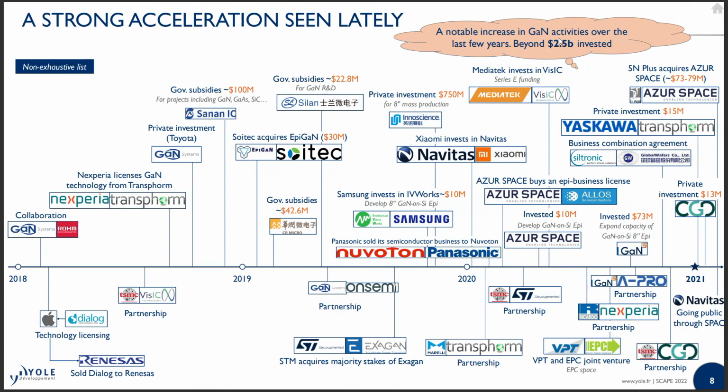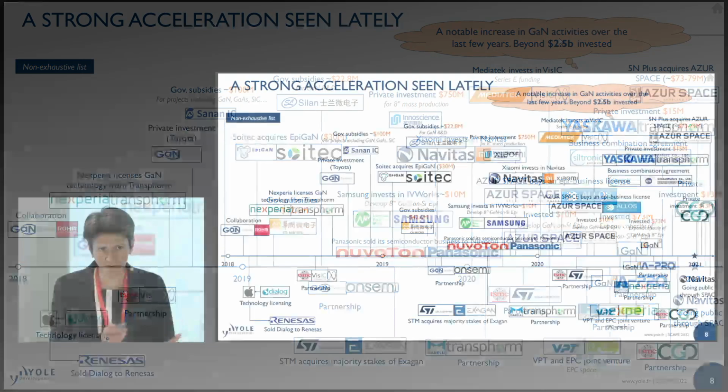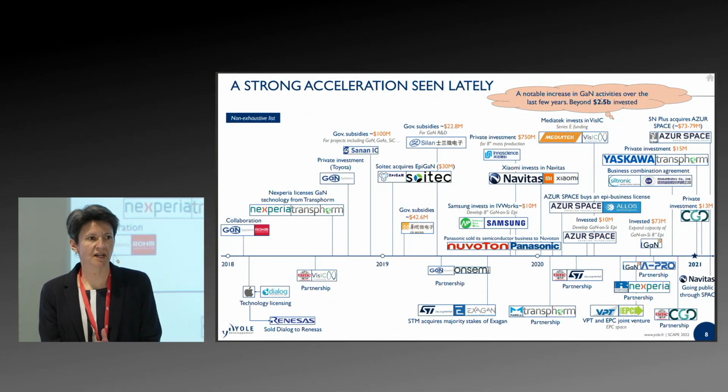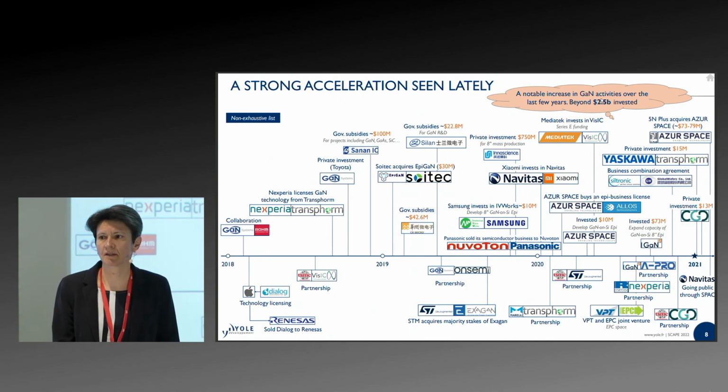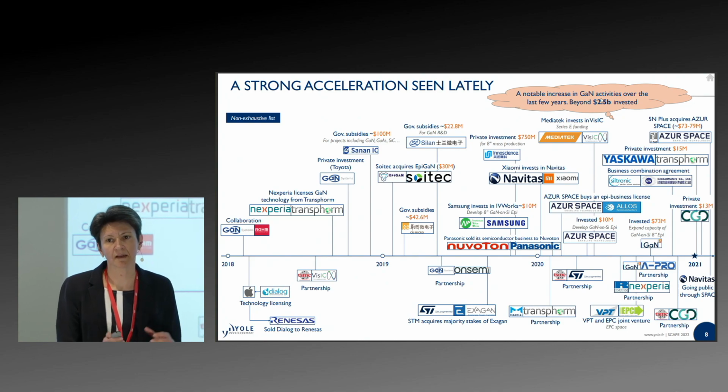Lately, what we've seen is really an acceleration of all these investments. Here it's a busy plot again, but the idea was just to say that players have been busy setting up the supply chain, trying to find manufacturing partners, with TSMC being one of the big foundries when it comes to GaN.